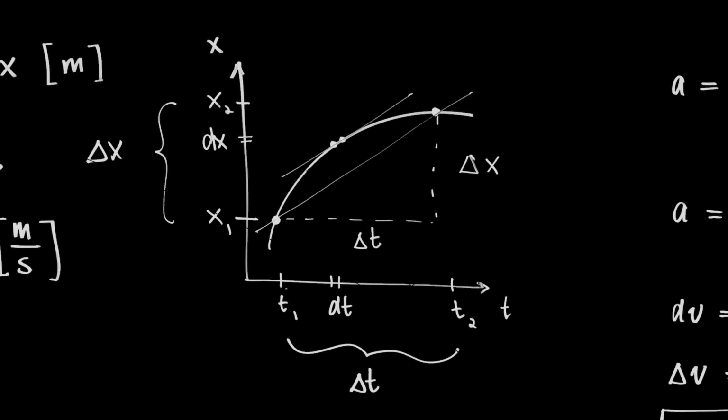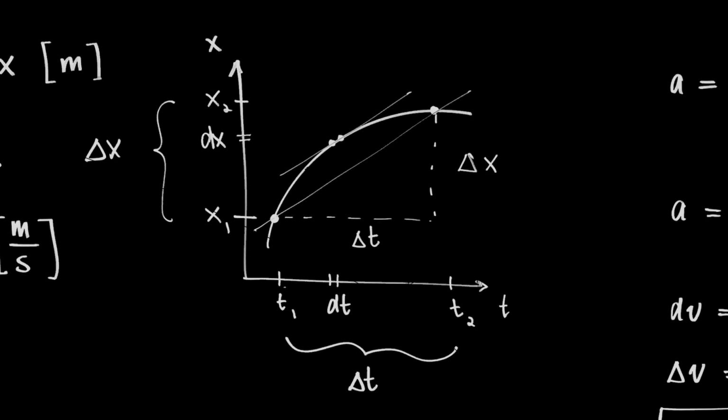But let me go back to this graph here. Now what I've done by making the time interval very, very short is that I know what the slope is right there, because it doesn't change much between the initial and final. And if you zoom in enough, it's guaranteed. You say, well, Charlie, I don't think you zoomed in enough. I'm not convinced. Well, I'll zoom in more. I have the option to zoom in infinitely. And if I zoom in infinitely, the interval dt becomes infinitesimal, doesn't it?